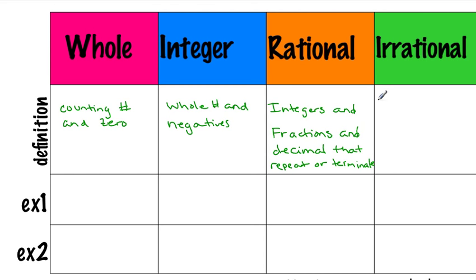And what do I know about my irrational numbers? Well, it matches none of these. It is all on its own. It is a non-repeating, non-terminating decimal, or, because usually they end up being the same thing when you find them, a non-perfect square root.